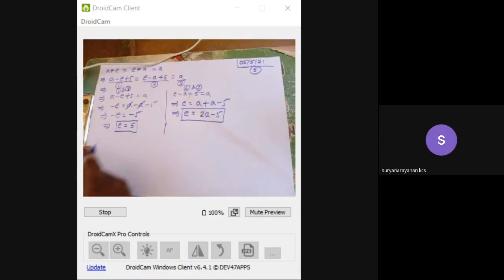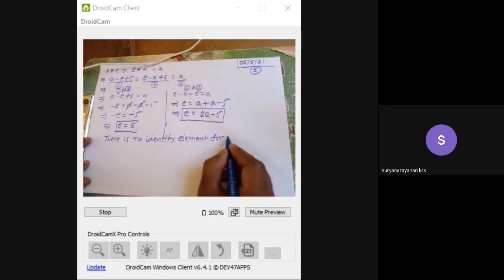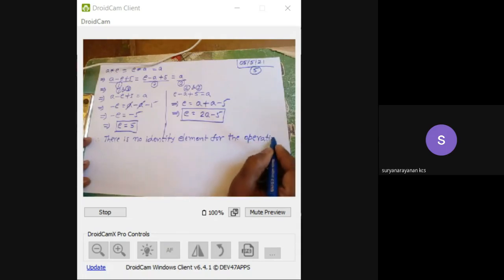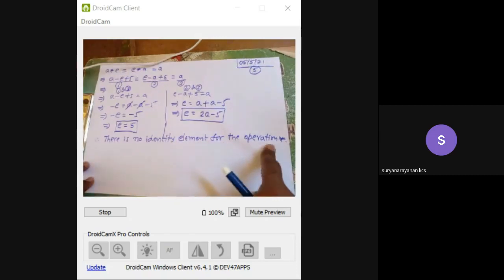Therefore, we say that we cannot find the identity element. Here we conclude that there is no identity element for this operation star. We can't find it. Understood this point, my children?